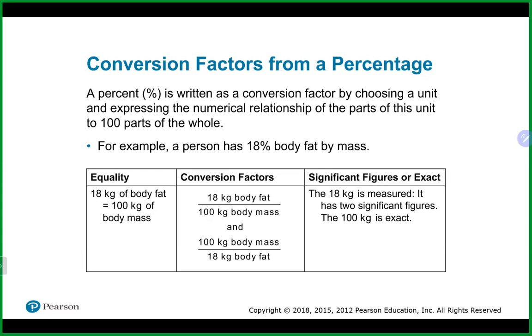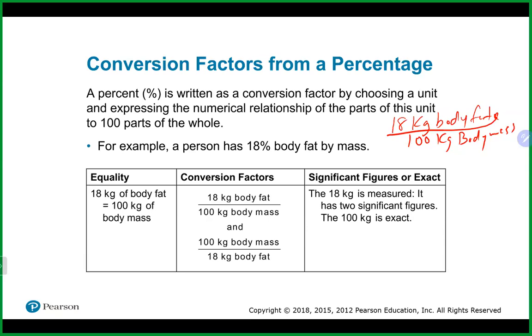So like this, you have 18% body fat by mass. Basically what that means is you got 18, as you see there, kilograms of body fat per 100 kilograms of body mass. You could also do it in grams, 18 grams and 100 grams.